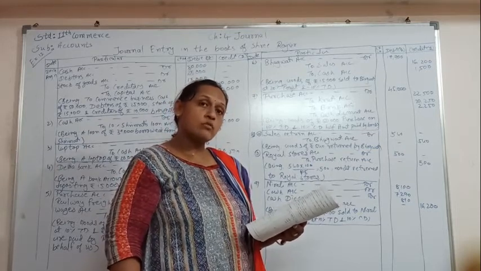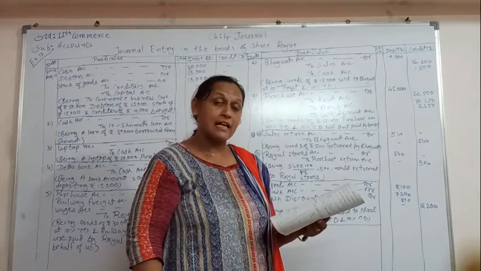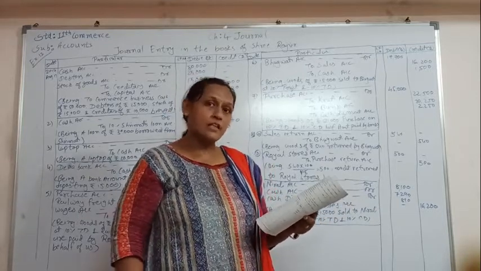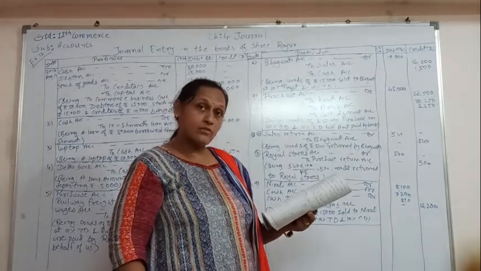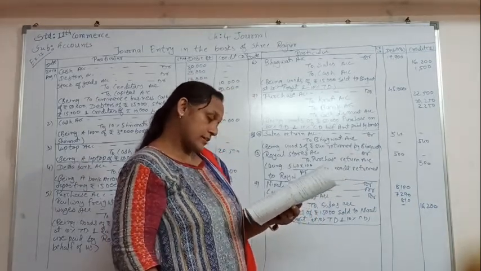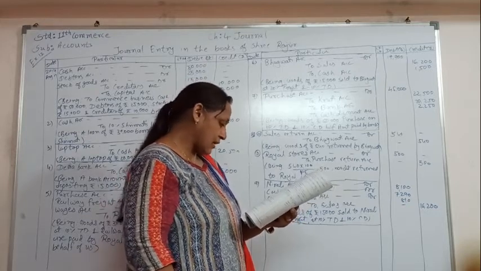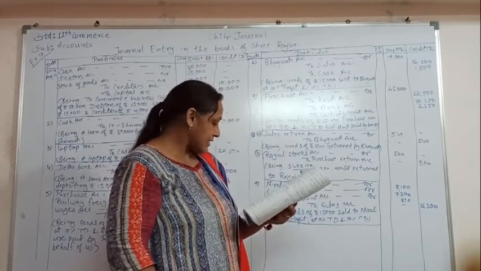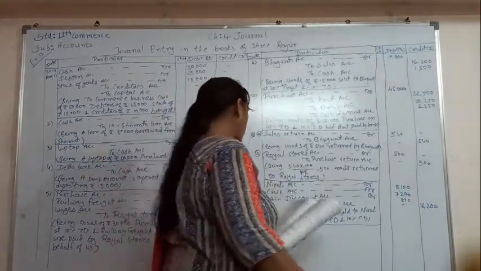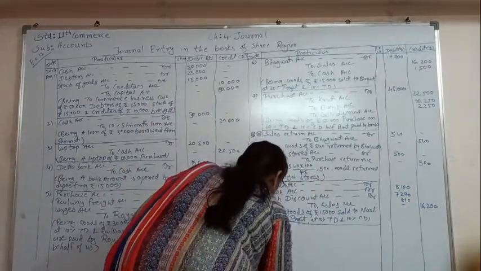So we have sold the goods of rupees 26,000 and 10% trade discount will be 2,600. So from 26,000 we are going to deduct 2,600, and here there is no need to find out cash discount as cash is not received here. So for that, Bhumik account debit to sales.